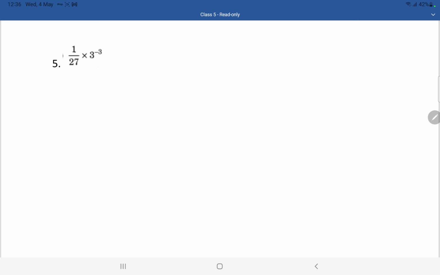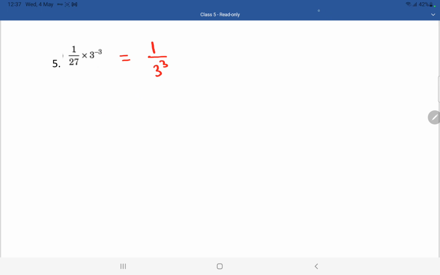If you see here, I can write 1 by 27 as 1 by 3 cube. Why? Because if I multiply 3 into 3 into 3, I will get 27. So 3 cube is equal to 27. Instead of 27, I can just write 3 cube. Okay children?